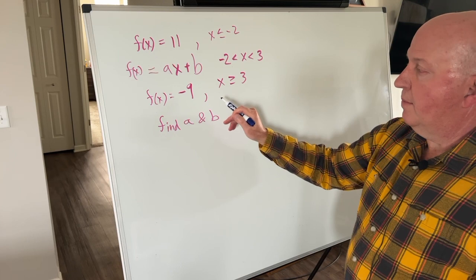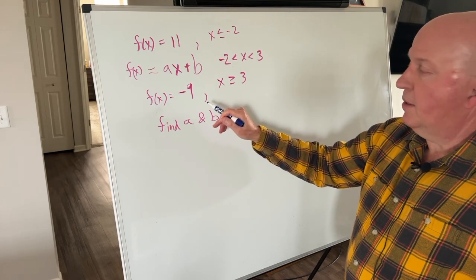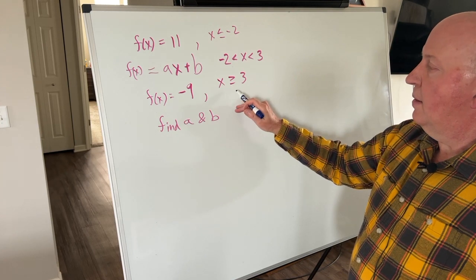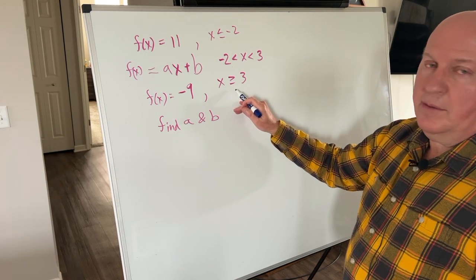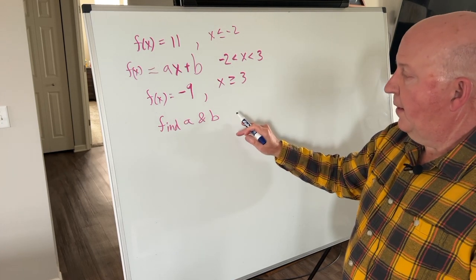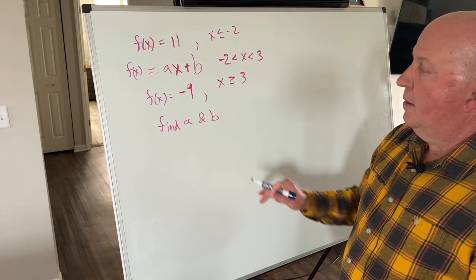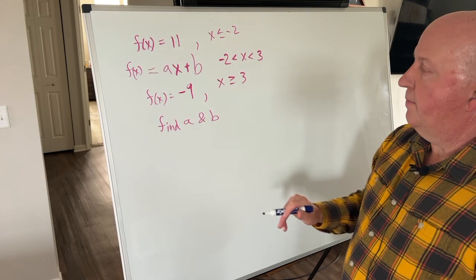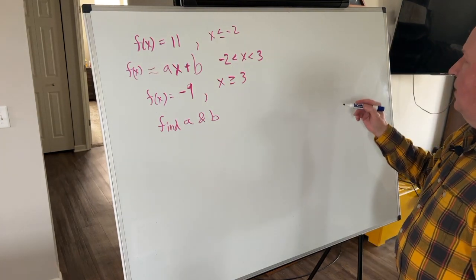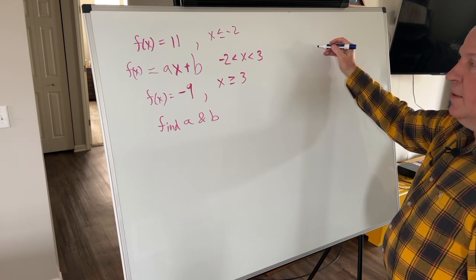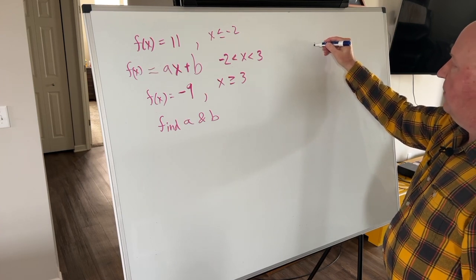And then the third part, which is basically another horizontal straight line, f of x equals negative 9, where x is greater than or equal to 3. The question is, find a and b of this straight line here. So what I first thought of doing was to draw a graph here.